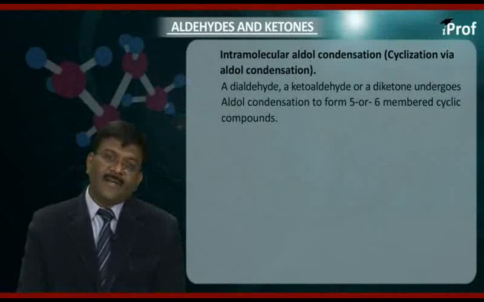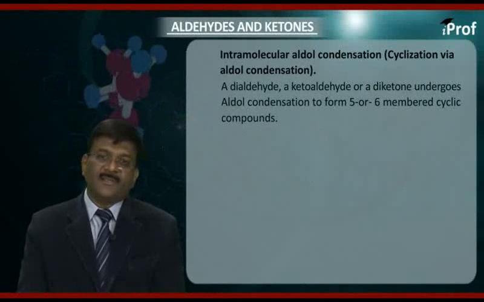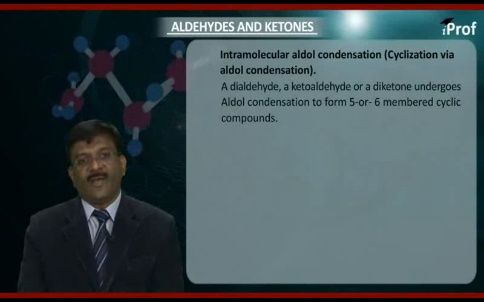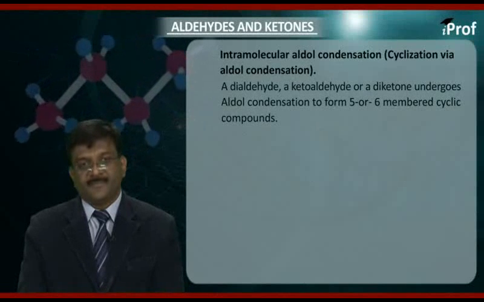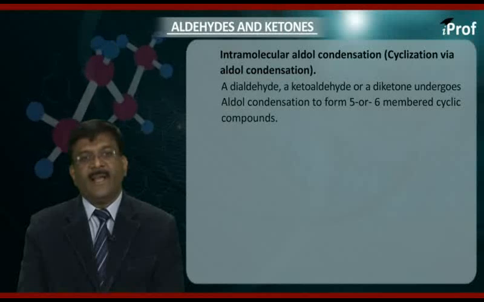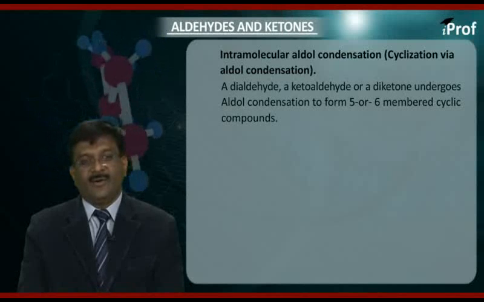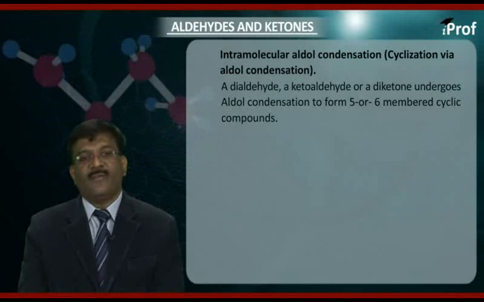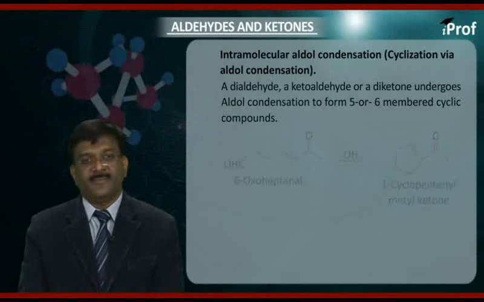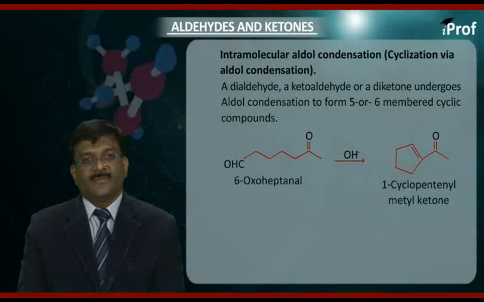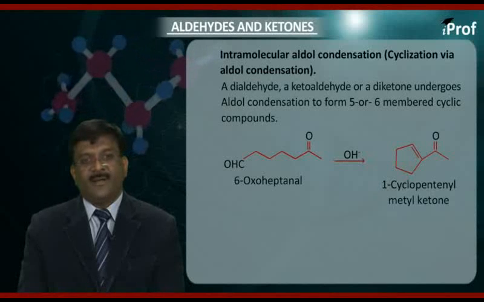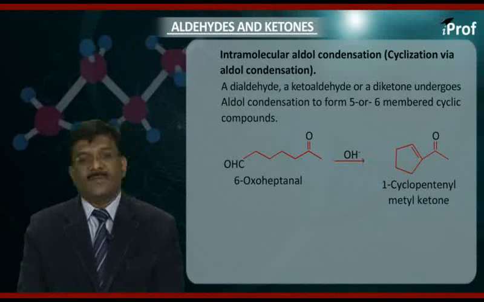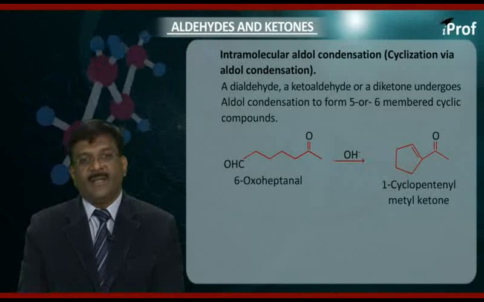Next, intramolecular aldol condensation, that is cyclization via aldol condensation. A dialdehyde or ketoaldehyde or a diketone undergoes aldol condensation to form 5 or 6 membered cyclic compound. This is oxoheptanal in presence of base. It gives 1-cyclopentenyl methyl ketone.